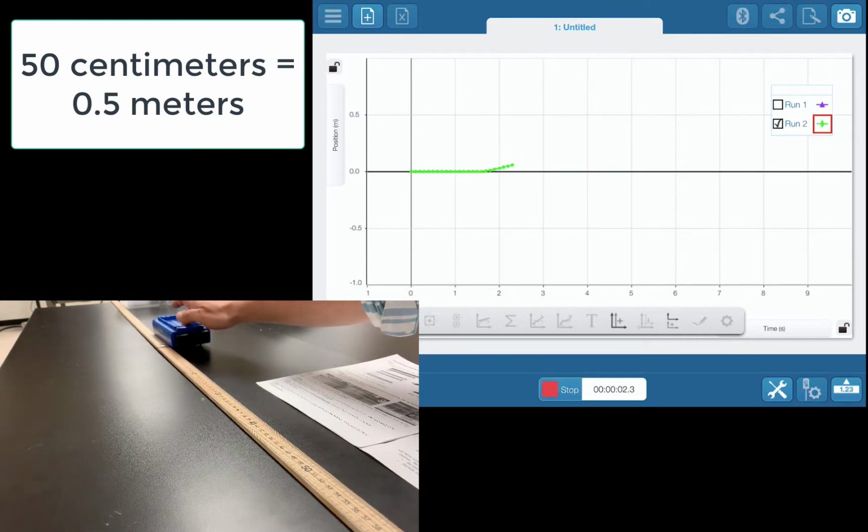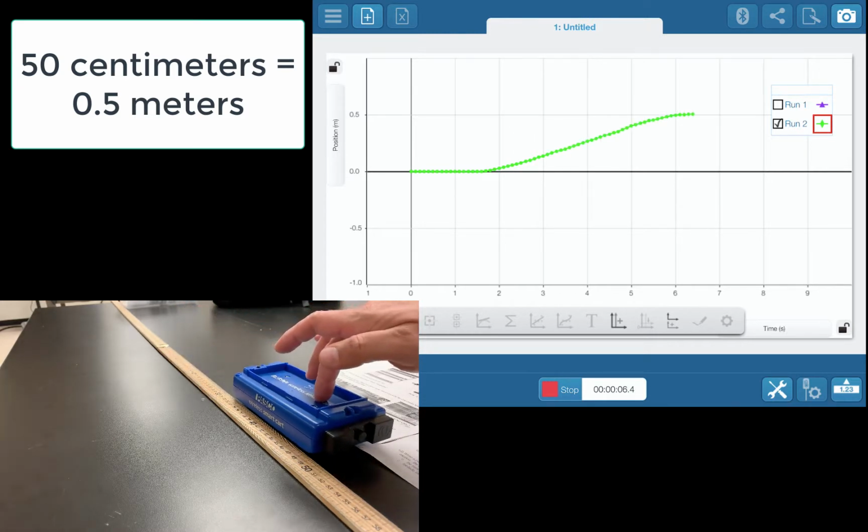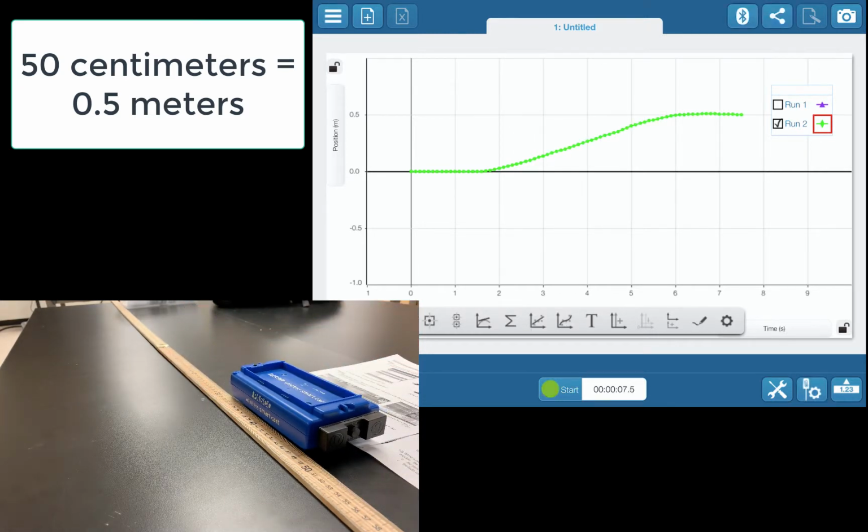And so we can see that the line starts to climb towards that 0.5 meters. And so if we focus on around where time equals 2 to time equals 6, where I was actually moving the cart, we can see that that line slopes up towards that position equaling 0.5 meters over that time from time equals 2 to time equals 6. So it took about 4 seconds to do that.